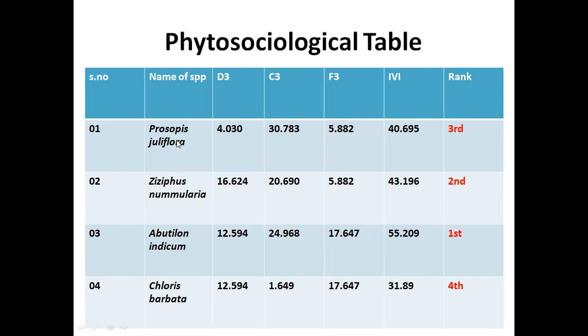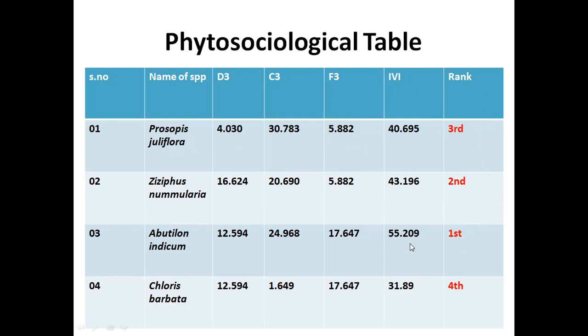For example, Prosopis juliflora, its relative density, relative cover, and relative frequency, etc. Now here you can see that I have put in rank the Abutilon indicum at first, and second is the Ziziphus. It is based on the important value index.